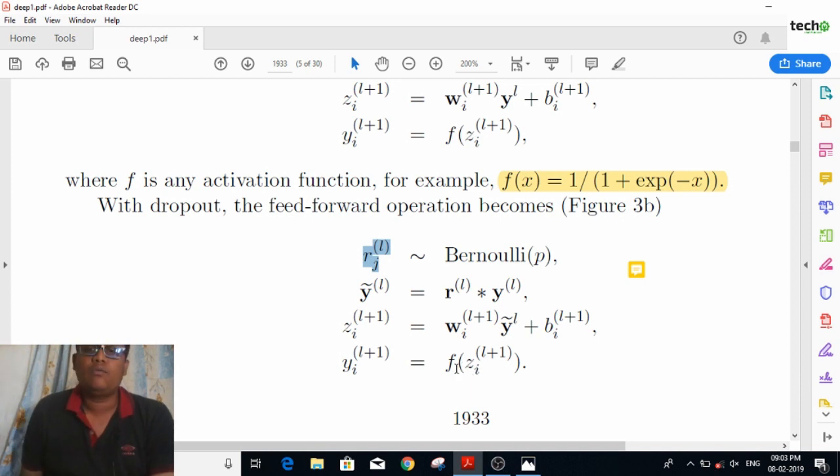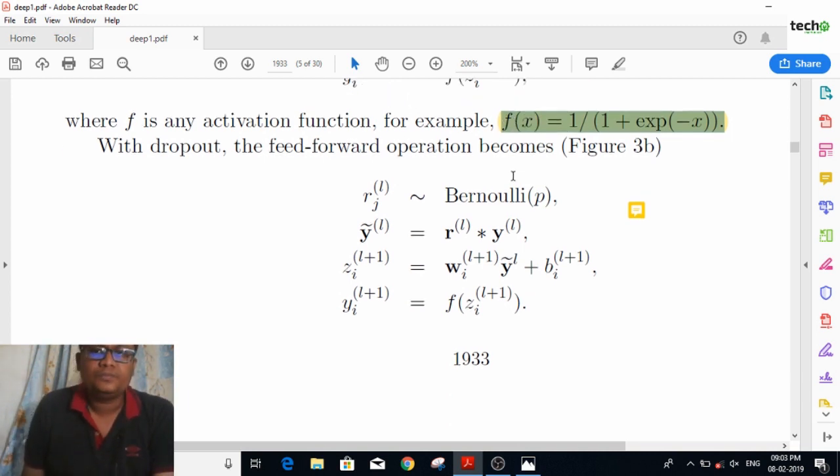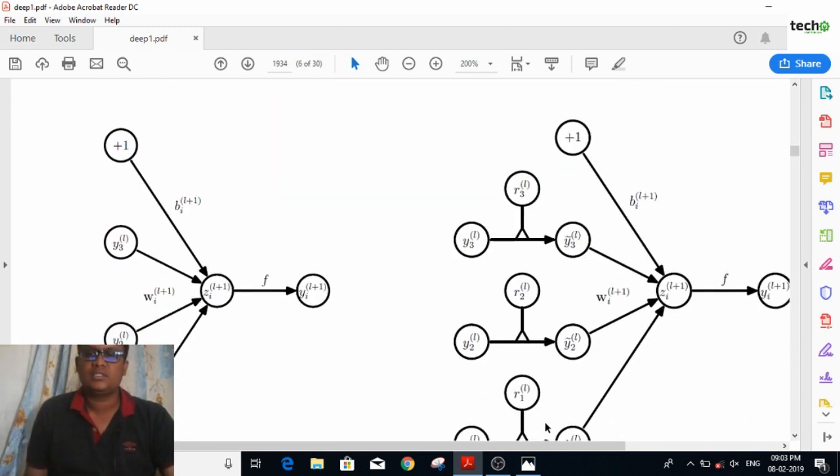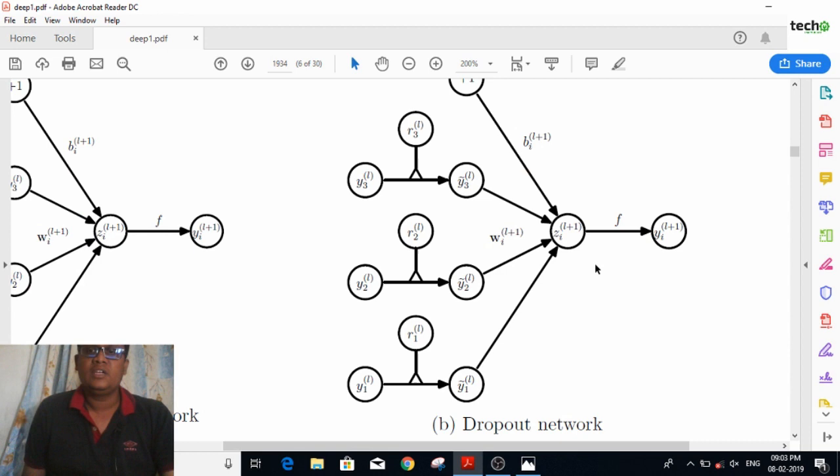We are going to apply an activation function, and this activation function is a ReLU, 1 divided by 1 plus e raised to minus x. That is what has been shown in this respective diagram. In order to generate a Zi, it is a combination of the addition of this Yi and biases.